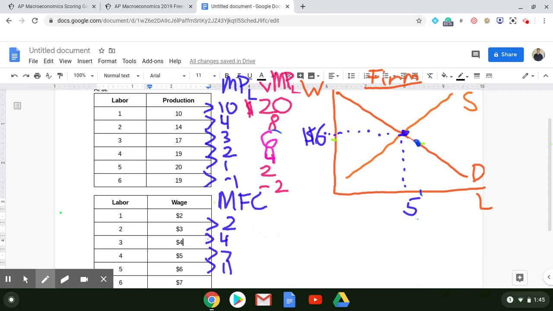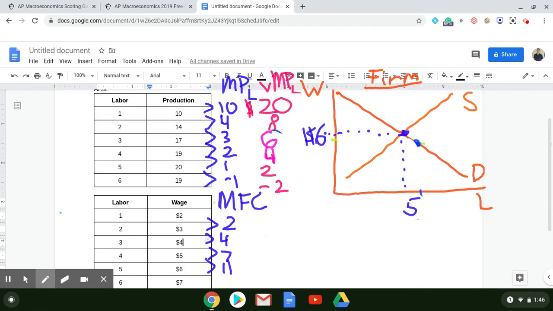Well, that means where the market clears here, that first person's adding $20 to you. This second person's adding $8 to you. The third person here is only adding $4 to you, and it's costing you $4 extra.